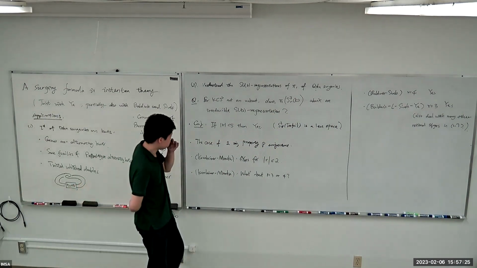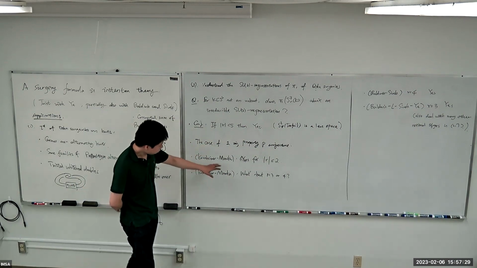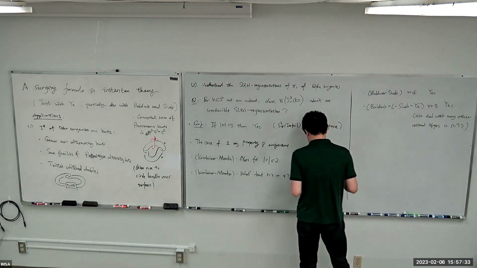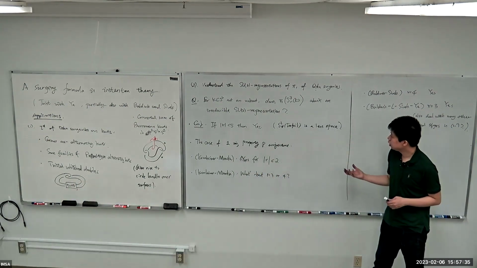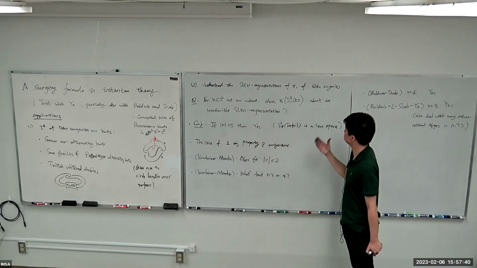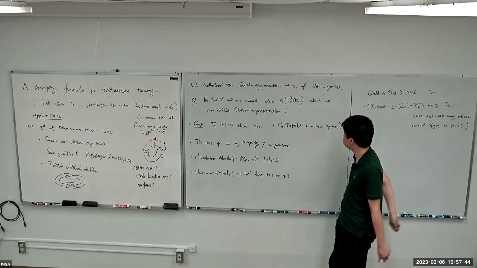Yes. So the proof is like, if we have this particular surgery slope, and the surgery manifold does not admit any irreducible SU2 representations, then all the reducible SU2 representations factor through H1 instead of pi1, which is simple for us to understand.